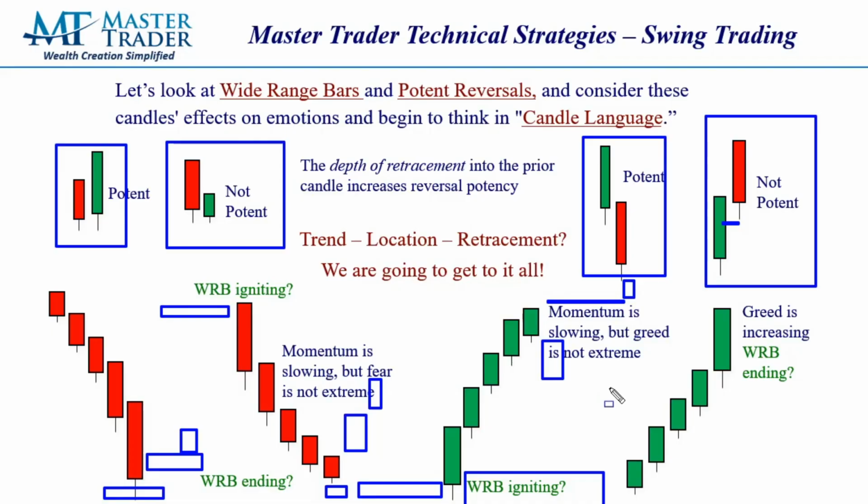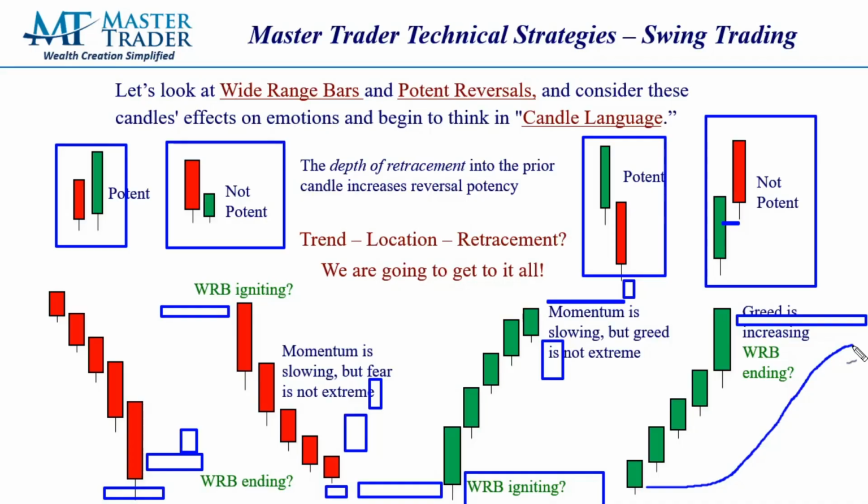Things haven't gotten extreme yet, whereas with the wide range bar ending the move, multiple bars moving up, that scenario is not one in which to buy a breakout, unless it was a lengthy base. We haven't gotten into moving averages yet, but it would be one in which, say, the moving average was extended, but that base was long enough to where the moving average would catch up.